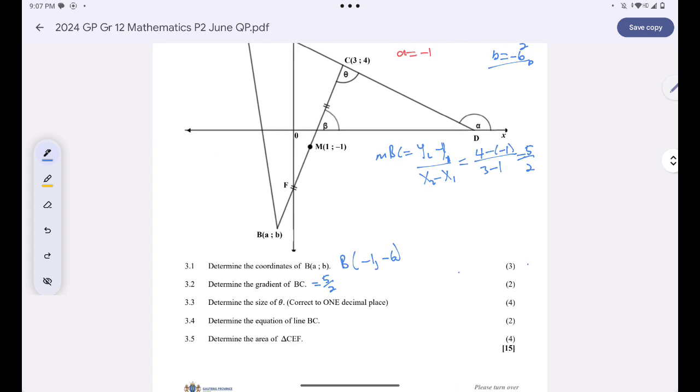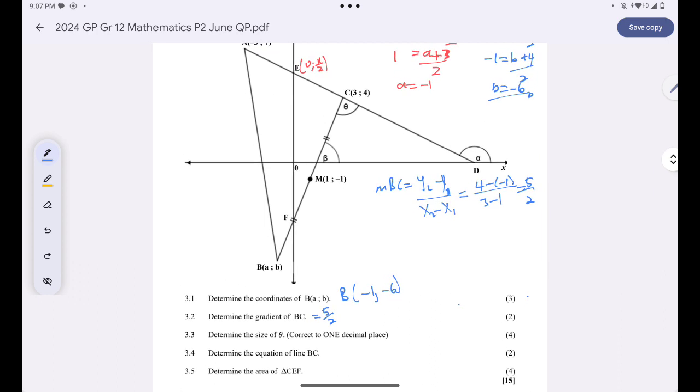Now they want me to find the size of angle theta. Angle theta is an angle between two straight lines. For us to find that angle, we must just subtract the inclination of those two straight lines. So please note that angle alpha is an exterior angle of this triangle.